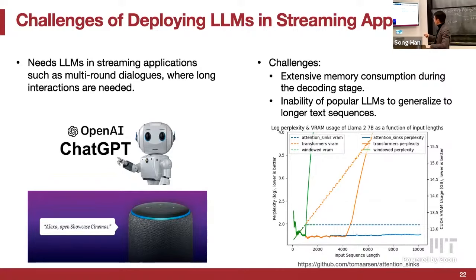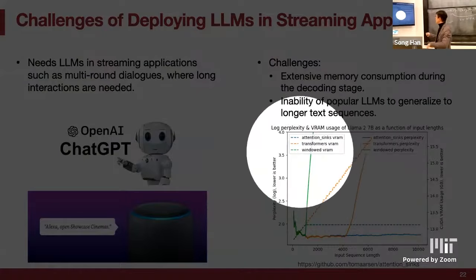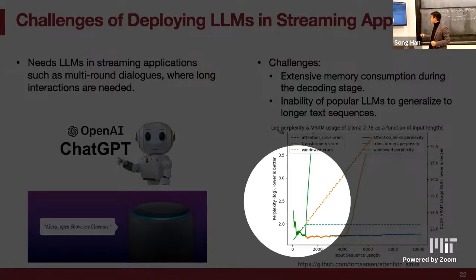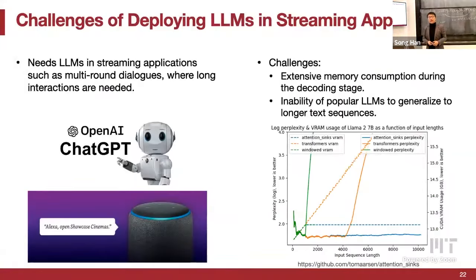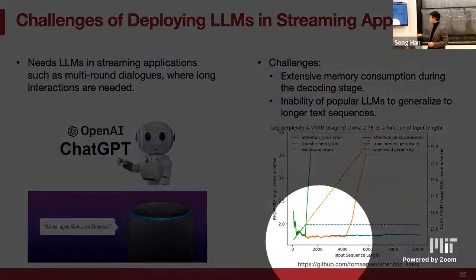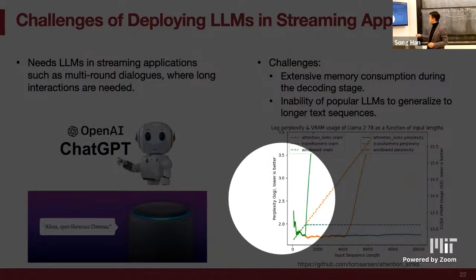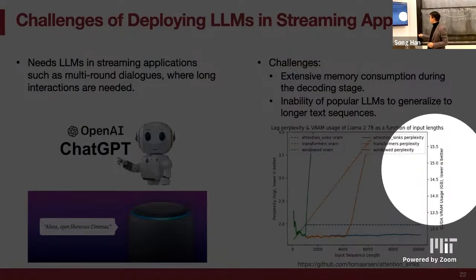For example, using the original transformer, the memory will grow linearly with respect to the number of tokens. Okay, so the x-axis here is the input sequence length, and the y-axis is the perplexity versus the memory.